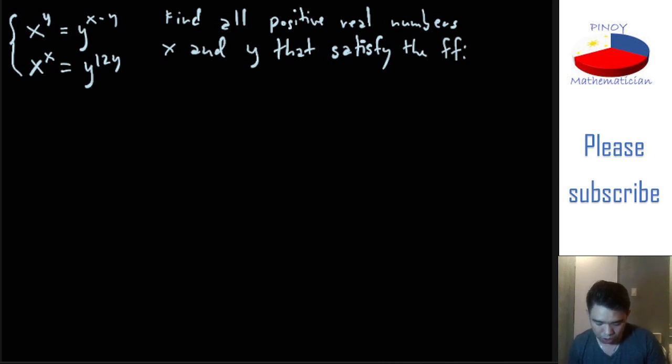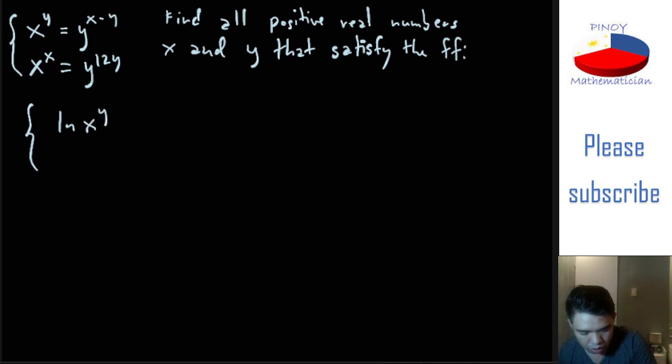All right, so to solve this, we are going to use a natural logarithm in order to put the exponents at the side of each expression. So for x to the power of y, I'm gonna put a natural logarithm so that later on we won't have a problem with exponents.